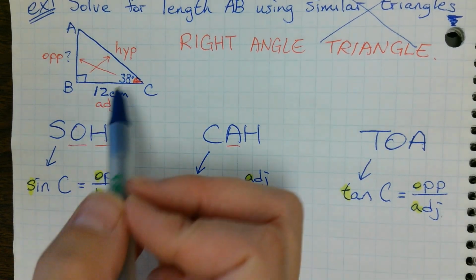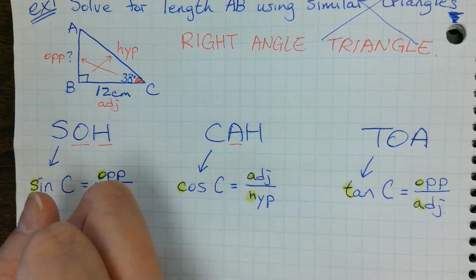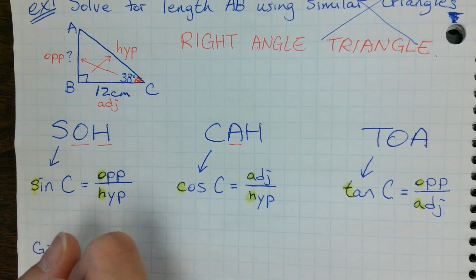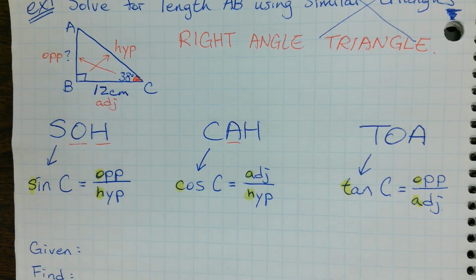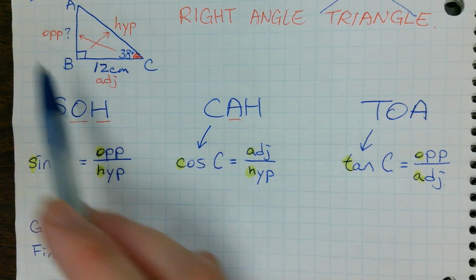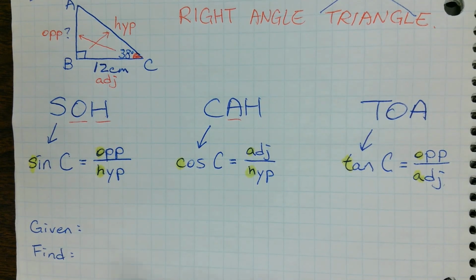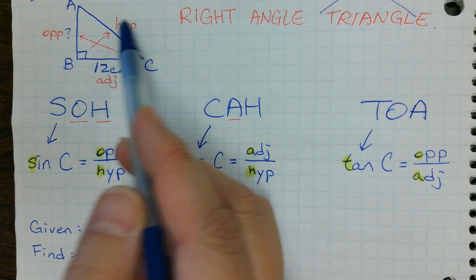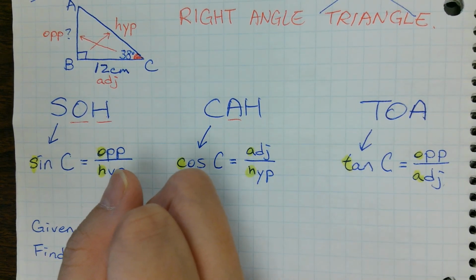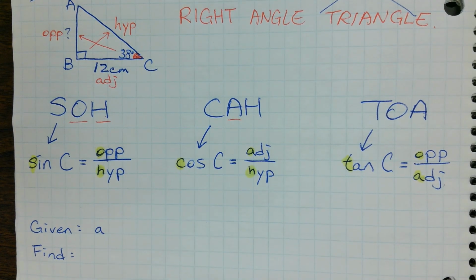So for example, right here in this question, what are we given and what are we trying to find? Just like in science, which side are you given: opposite, hypotenuse, adjacent? Adjacent. So you're given adjacent.